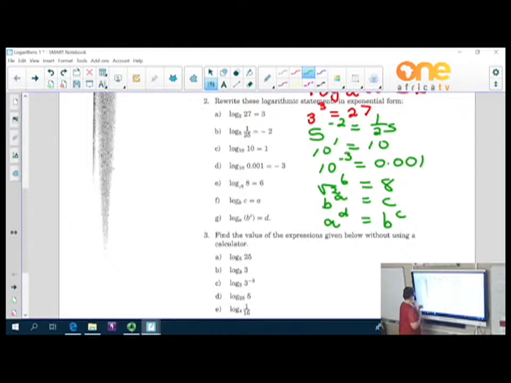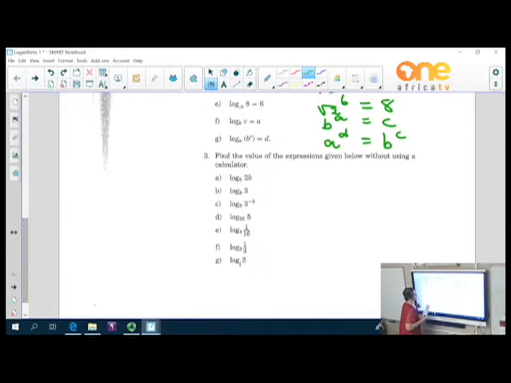Those conversions. Right. Now, the next exercise says, find the value of the expressions given below without using a calculator. In the exams, you might use calculators, but this is now just to familiarize us. I'm going to do exactly the same thing, writing it from logs to indices.